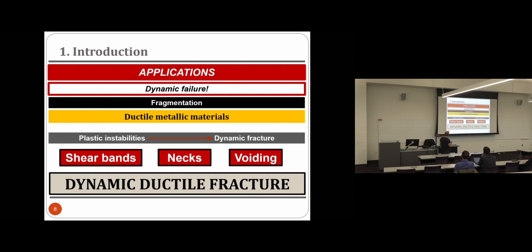how is the interaction between the porosity of, in this case, printed metals, the formation of plastic instabilities, and the ultimate dynamic fracture of the specimen that we are testing. We have to understand that when we are talking about ductile materials, before fracture, before fragmentation, we observe the formation of plastic instability.